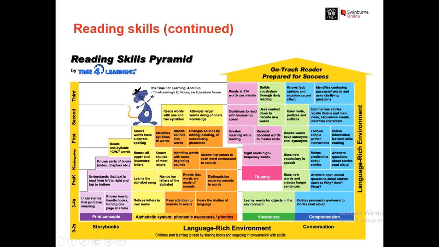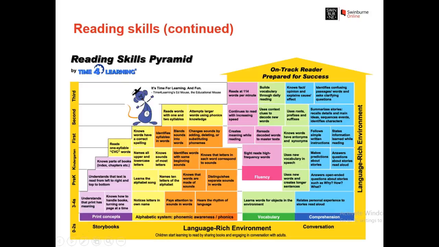So in order for a child to comprehend, they need to be able to read words automatically. So whilst phonics looks at breaking words down into individual sounds, which is something we call decoding, take the word cat: decode it, c-a-t.